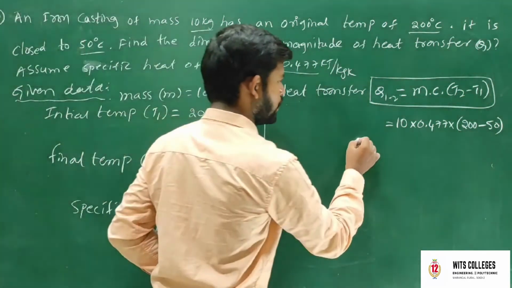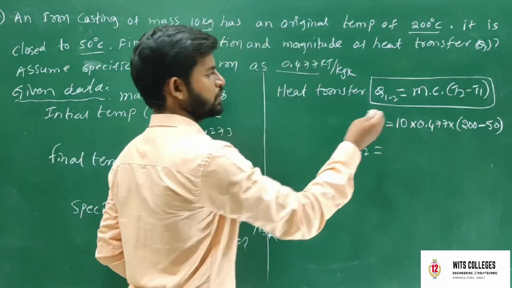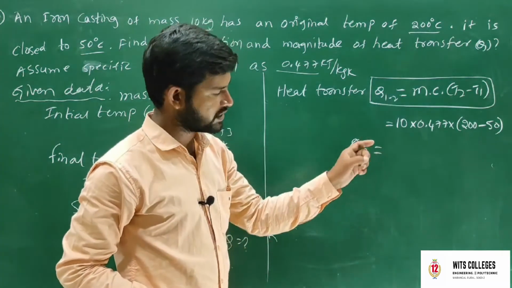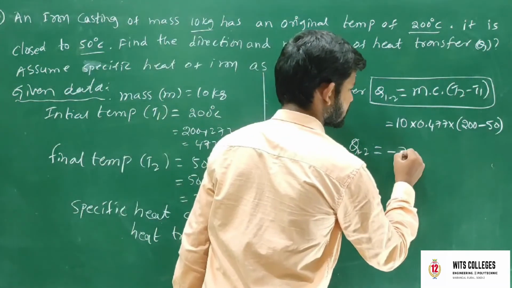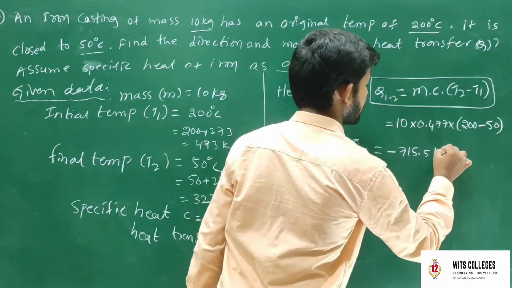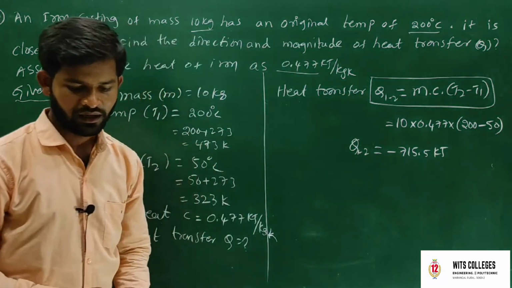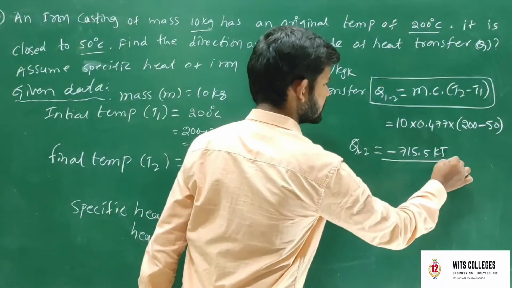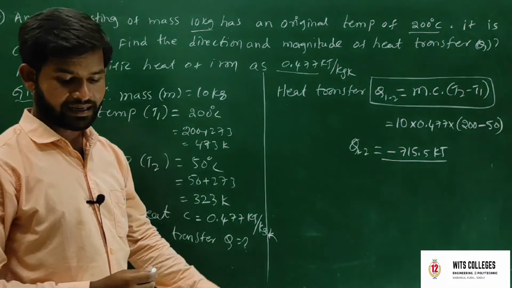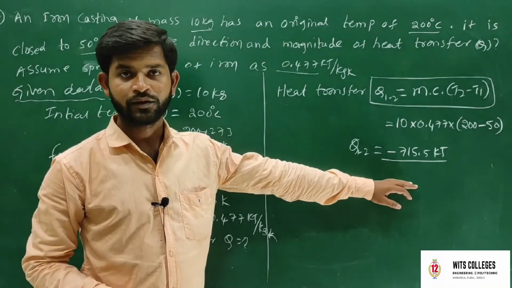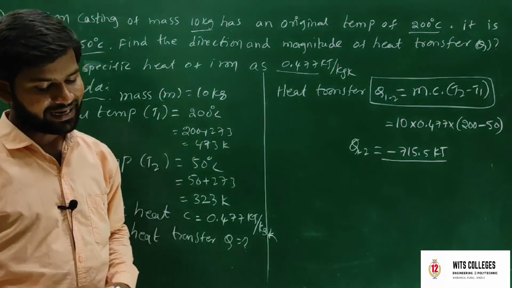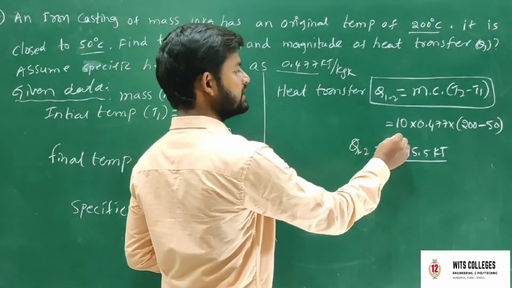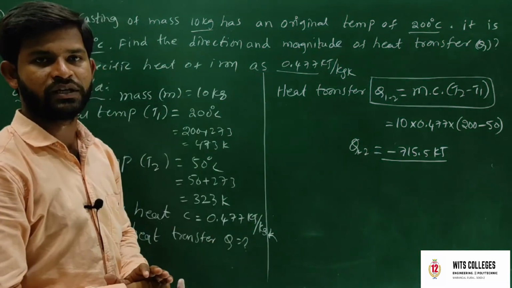Typing in the calculator, we obtain Q12 equals minus 715.5 kilojoules of heat. The negative sign indicates that heat is transferred from the system to the surroundings.